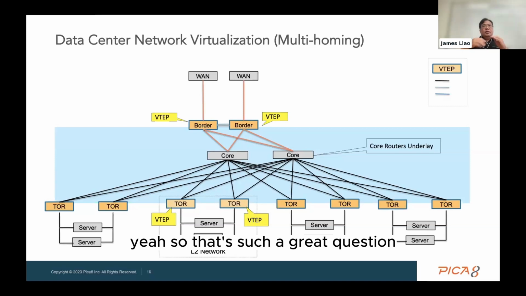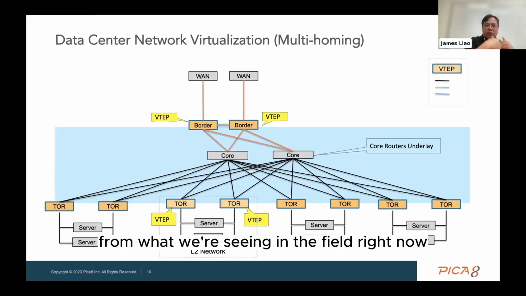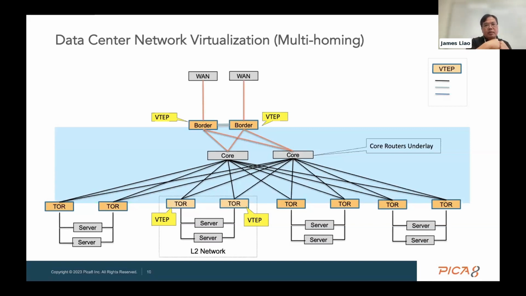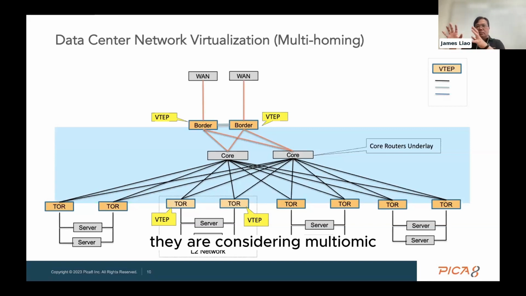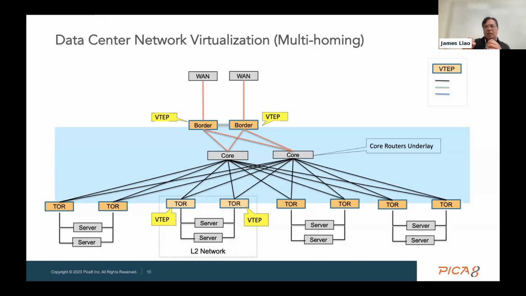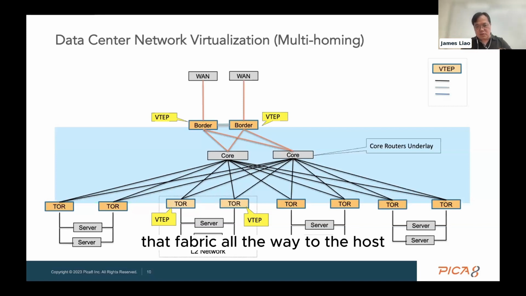Yeah, that's such a great question. In the data center, from what we're seeing in the field right now, the majority of enterprises, when they migrate to network virtualization, are considering multi-homing. Not that they don't like MLAG, it's just that multi-homing goes very well with the whole concept of fabric all the way to the host, right?